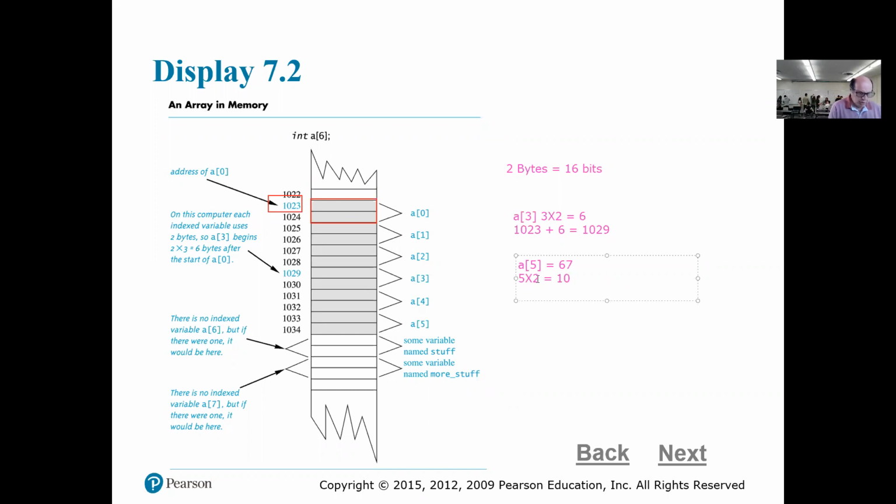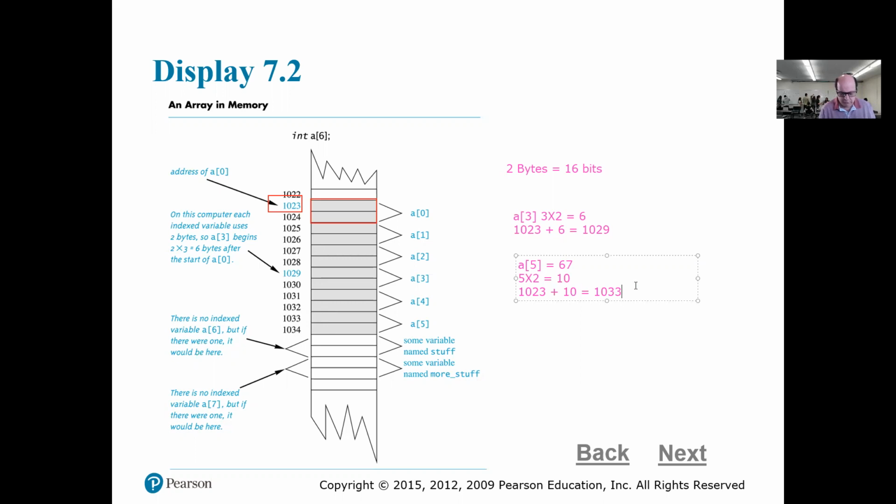It's going to use 1023 at the beginning of the array and add 10 to it, which gives me 1033. Well, this is 6, I'm sorry. So the size is 6, it's not 5.